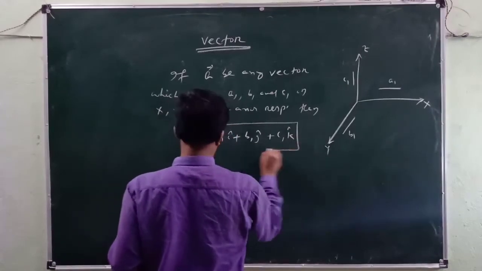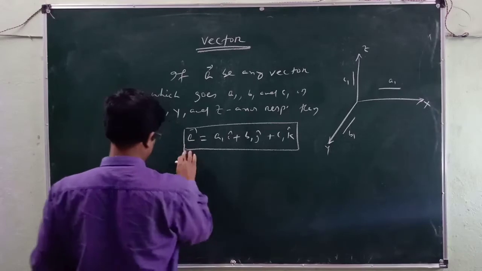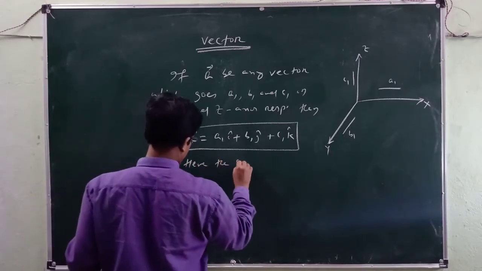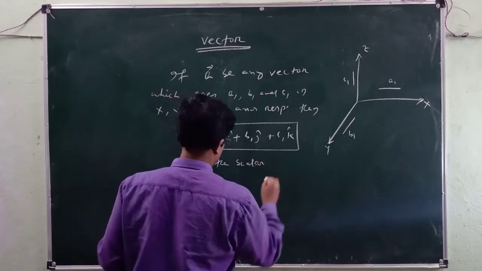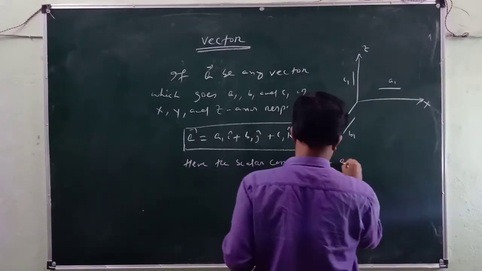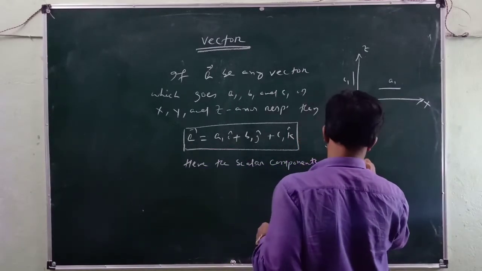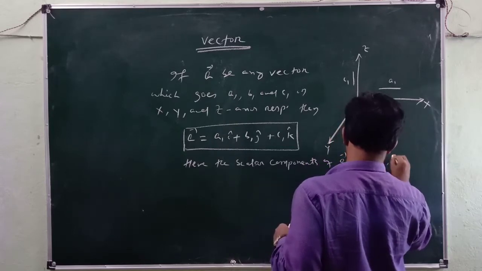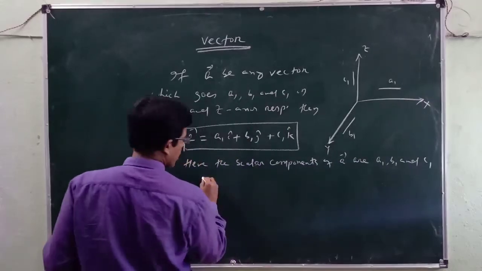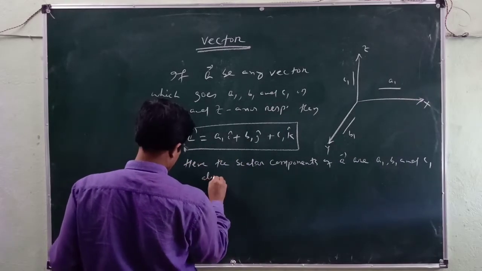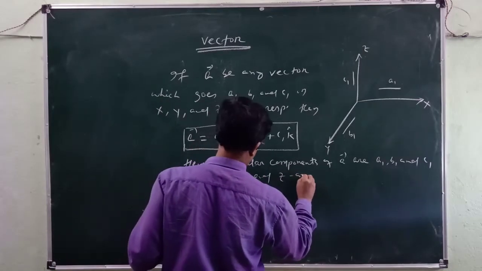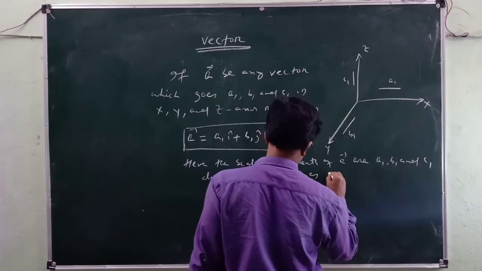You remember here the scalar components of A vector are A1, B1 and C1 along X, Y and Z axes respectively.